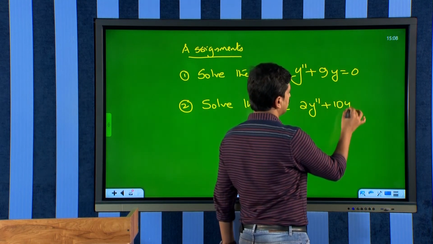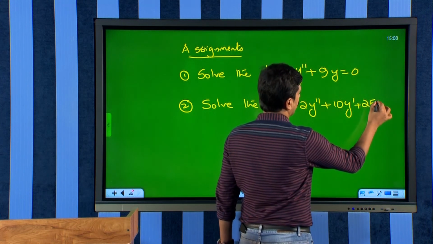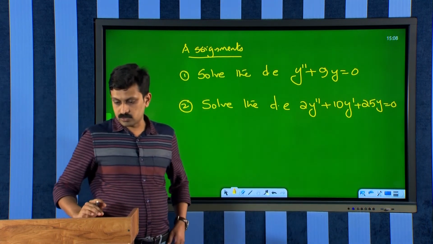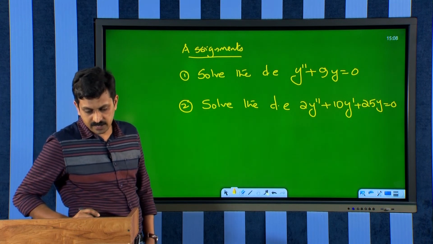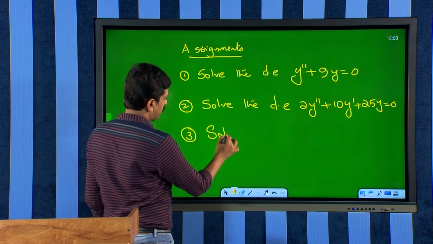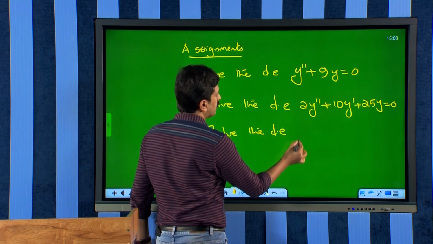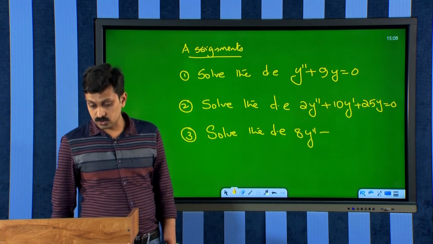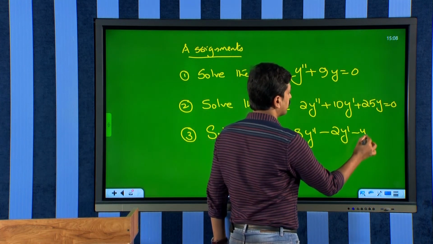The third one is, solve the differential equation 8y double dash minus 2y dash minus y is equal to 0.